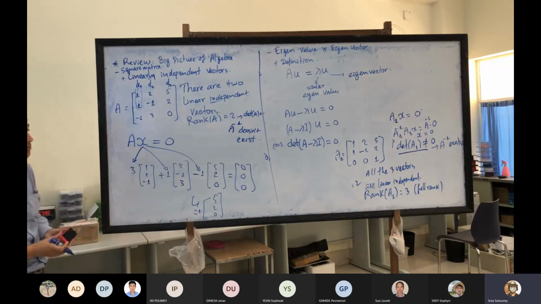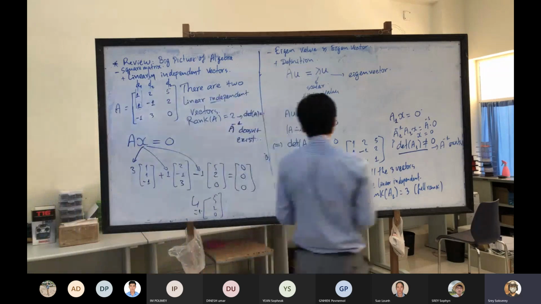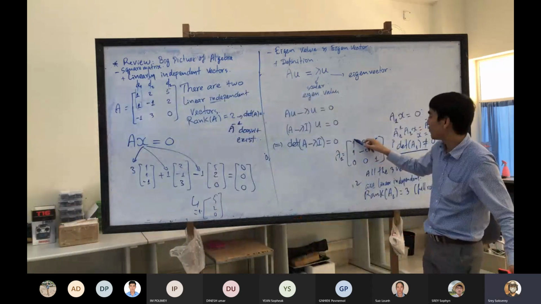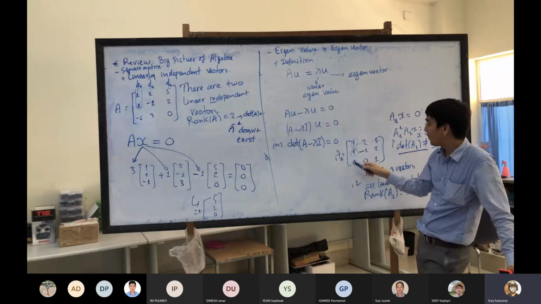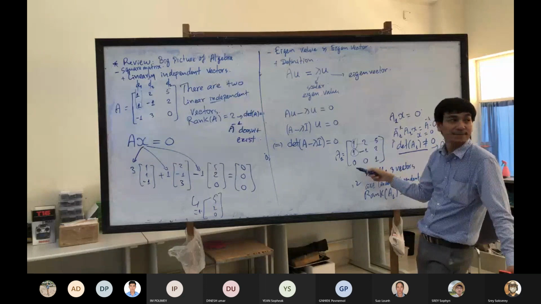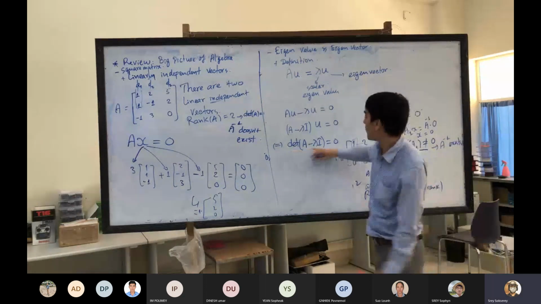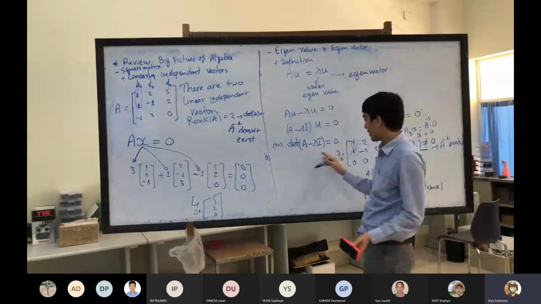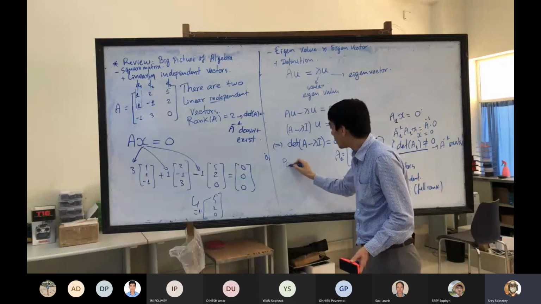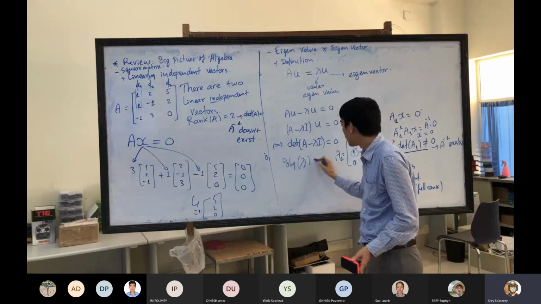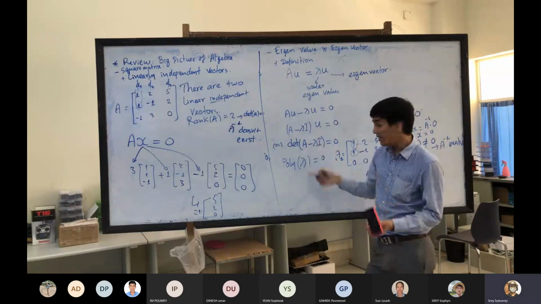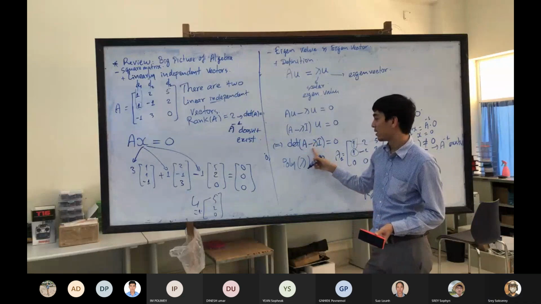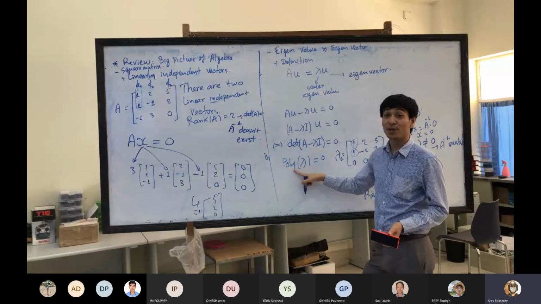If 3 by 3, you know how to find the determinant. Pick one and multiply it by its cofactor, and so on. So just do the process of finding a determinant here. You will get an equation, a polynomial of lambda equals 0. If A is 3-dimensional, you will get a 3-degree polynomial.